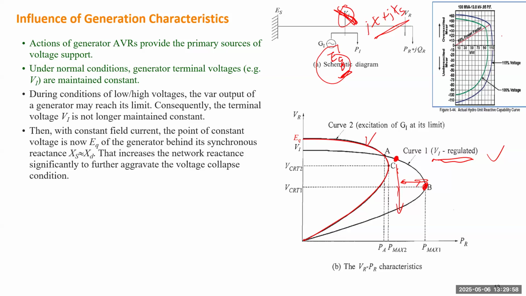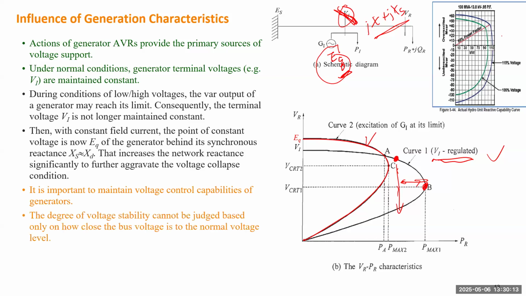Okay, it really depends on how the field current limiter is designed for the generator. So from this example, we cannot use the bus voltage magnitude, based on how high the voltage magnitude is, to determine the voltage stability, because we don't know when the transfer limit will happen.